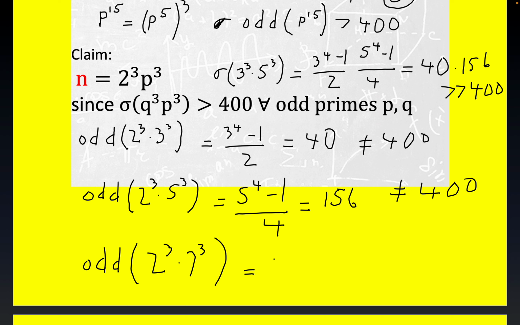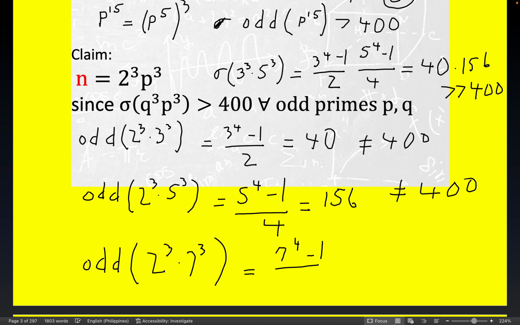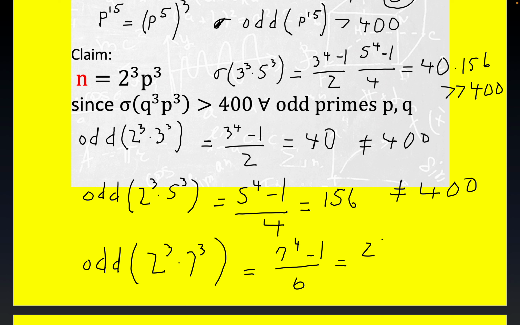So that's equal to (7 to the 4th minus 1) over 6. This is 2401 minus 1, which is 2400. So this is 2400 over 6. That's 400.